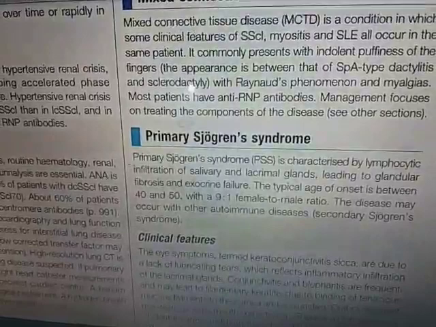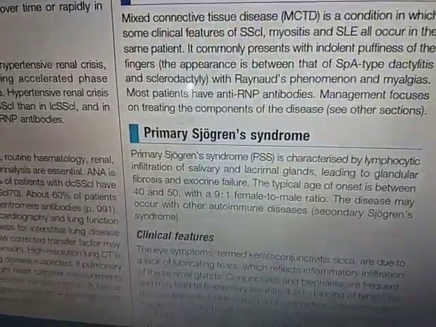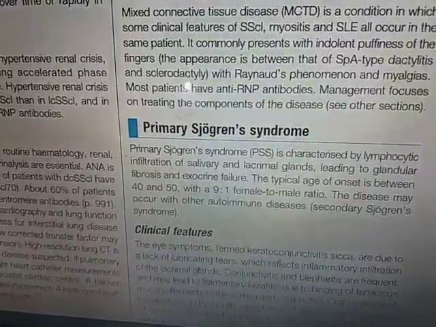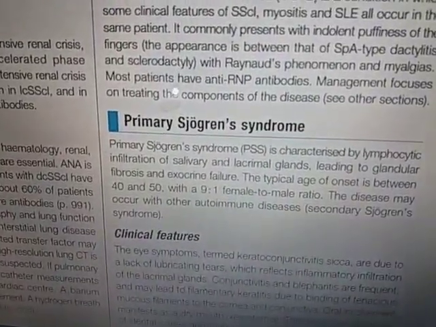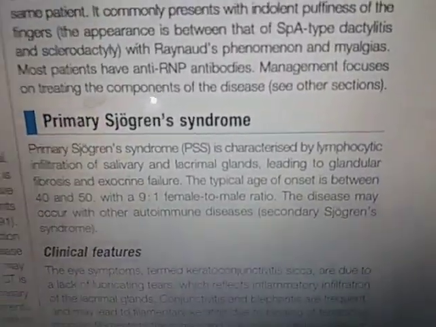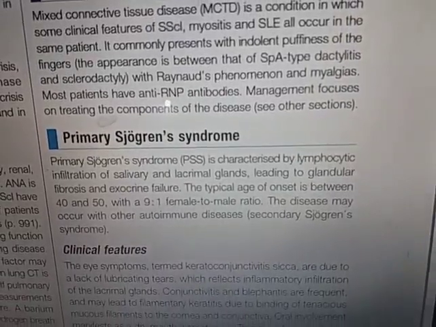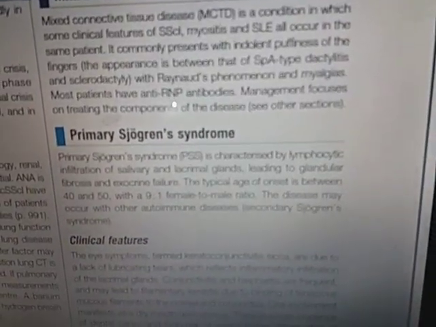So one has to use artificial tears. For xerostomia, frequent water drinking, and to control local infection of candida in the mouth.